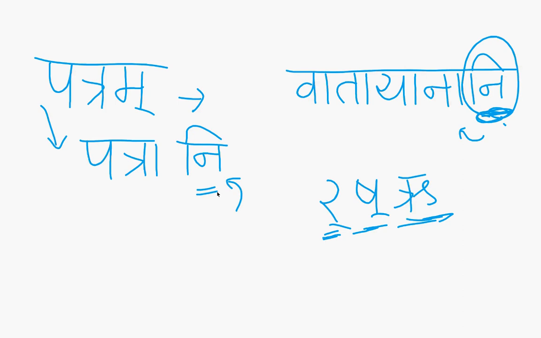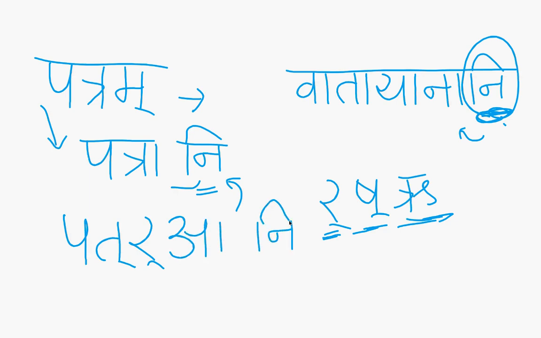Now whether this changes to na or remains ni, what is happening here? What is just before na here? Pat, and the tra, ra, and there is a, and then we are adding ni. So here there is a ra, and in between there is a swara, and then there is a na.